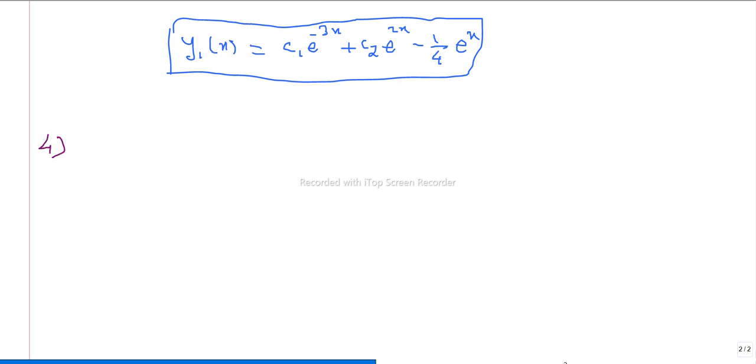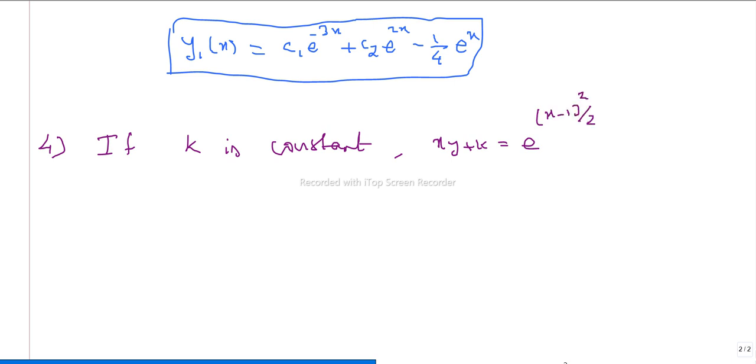So what the problem says: suppose k is constant, and it is given that xy plus k equals e power (x minus 1) whole square by 2, and this satisfies the equation x dy by dx equals (x square minus x minus 1) times y plus x minus 1.